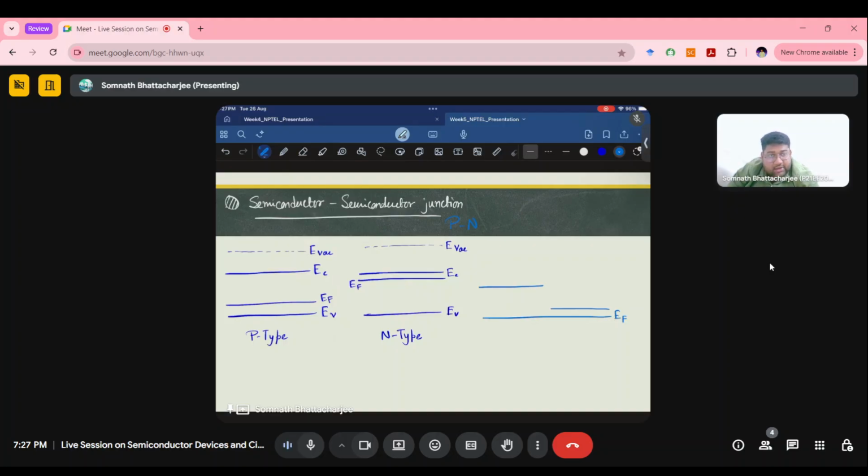The Eg of both the materials is the same, so this would be here, and this would be here. Based on that, there would be the vacuum level. So if the vacuum level was here, based on that the vacuum level would be here. Now, there would be the band bending phenomenon here.